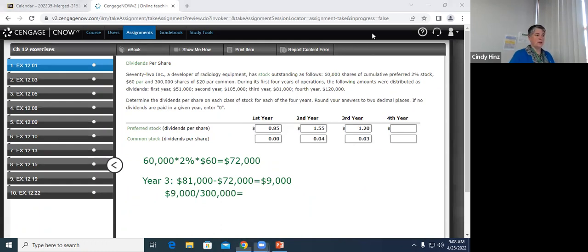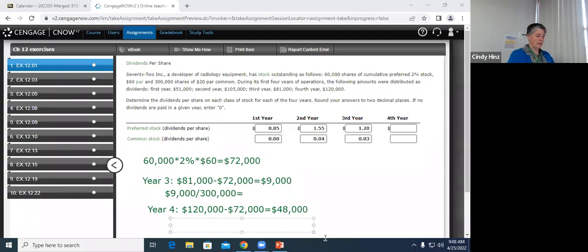Then finally in year four, they declared $120,000 in dividends. The first $72,000 pays the full $1.20 to the preferred stockholders. And again, the common stockholders get the residual, or what is left, $48,000 in total.